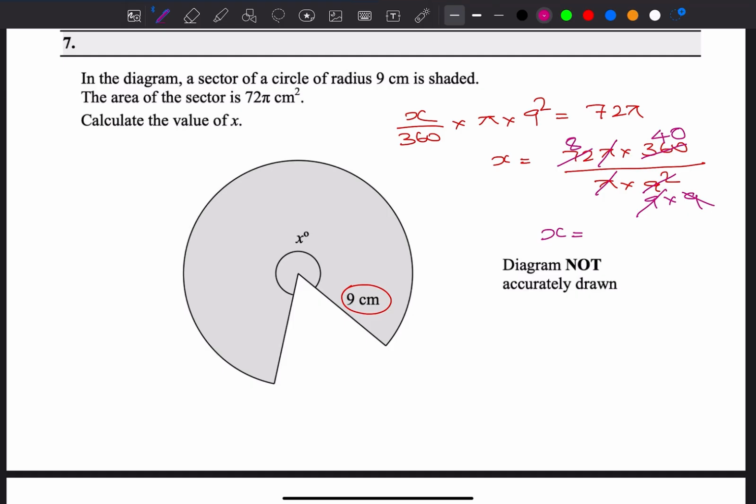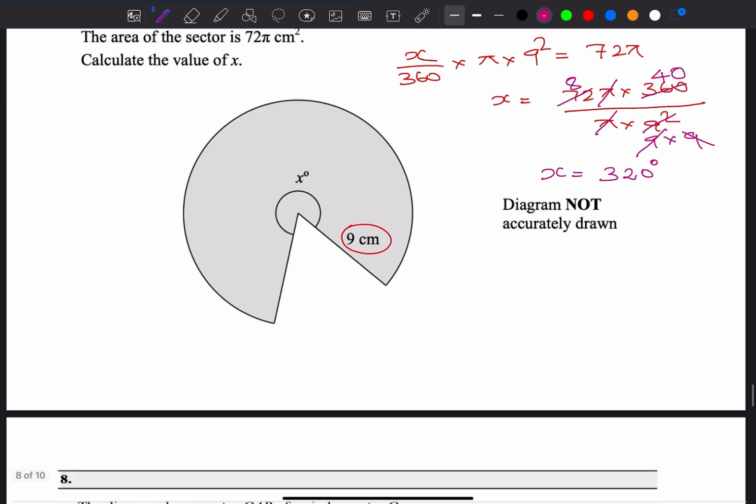What's 8 times 4? 320, is it? Degrees. Seems like it. Yeah, 320 then. Alright.